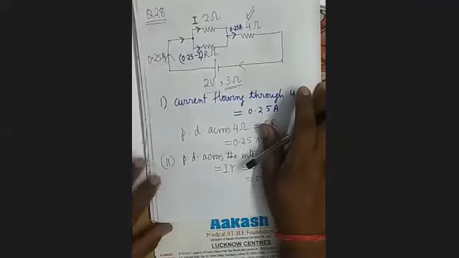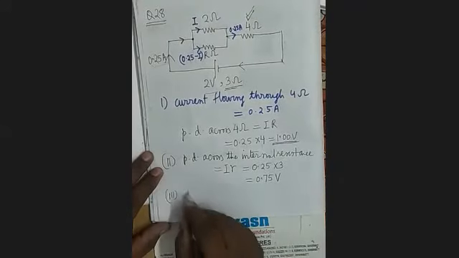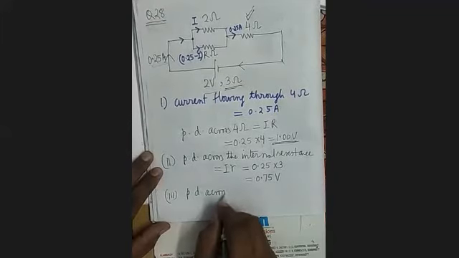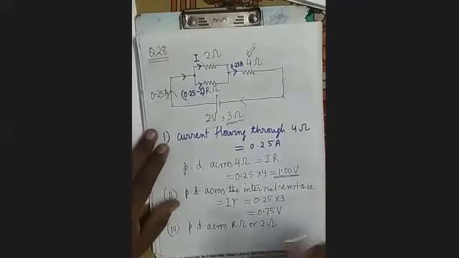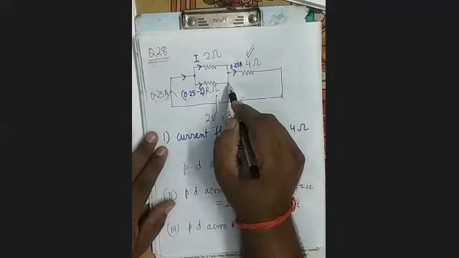Now you have to find potential difference across R ohm, 2 ohm. Now all of you see here, as we know that in the parallel there will be same potential difference.